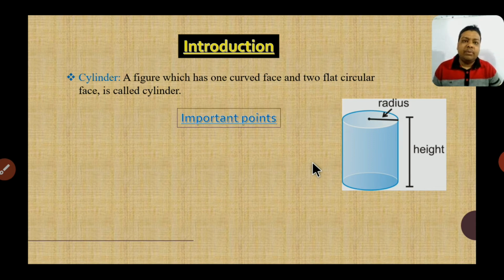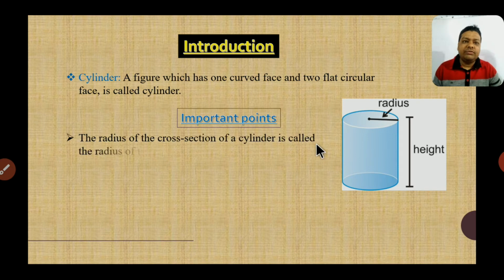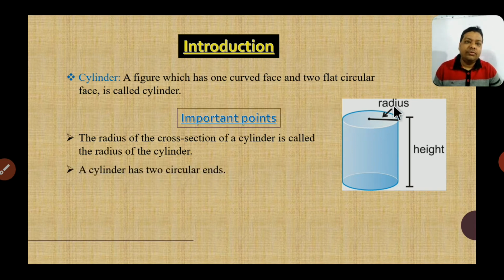Let's discuss some important points of the cylinder. The radius of the cross section of a cylinder is called the radius of the cylinder. A cylinder has two circular ends, one at the top and one at the bottom.